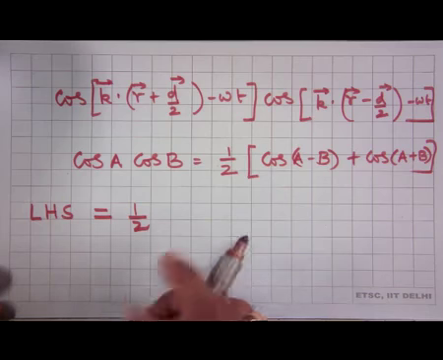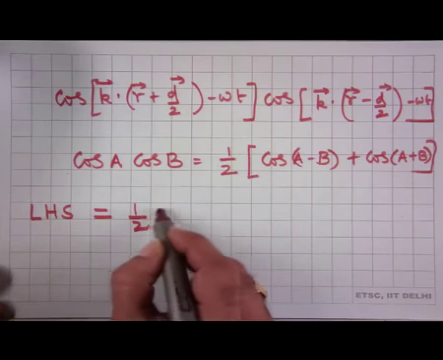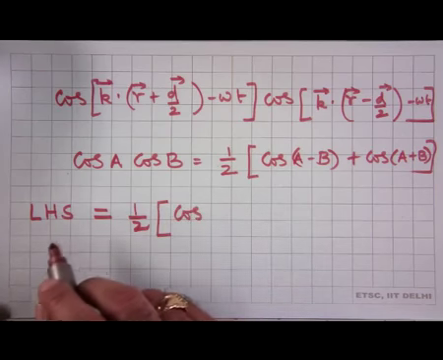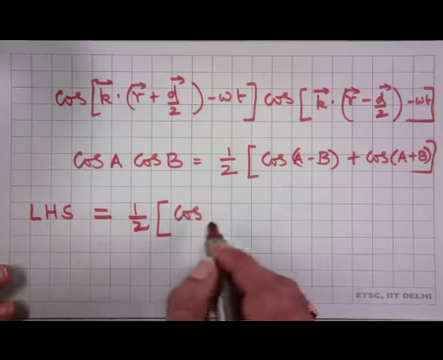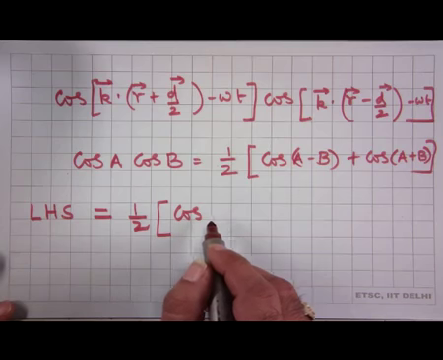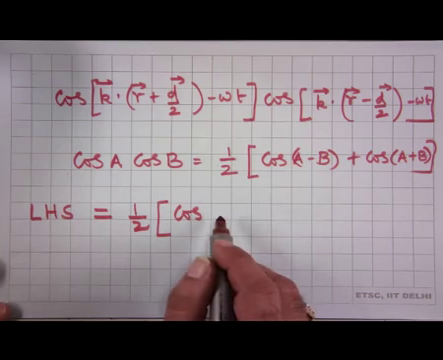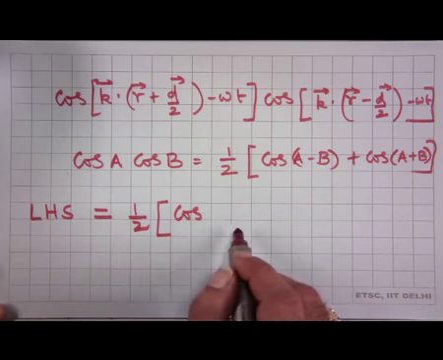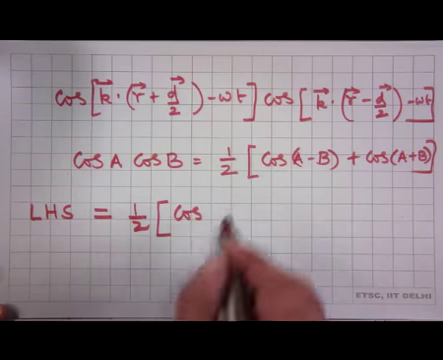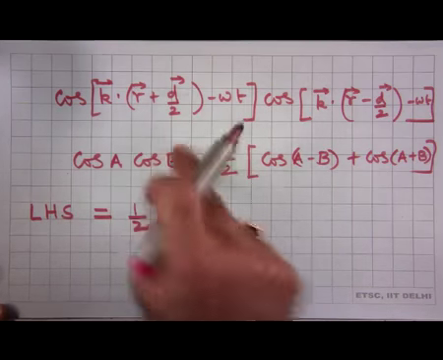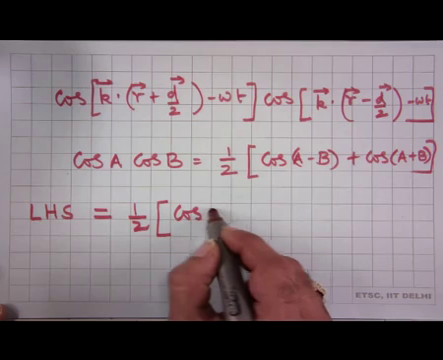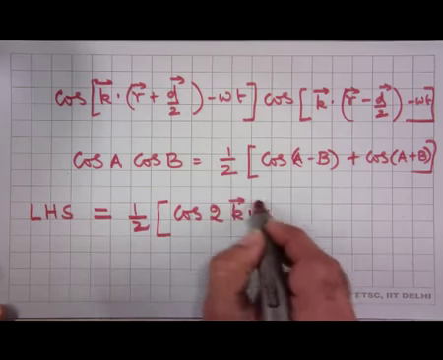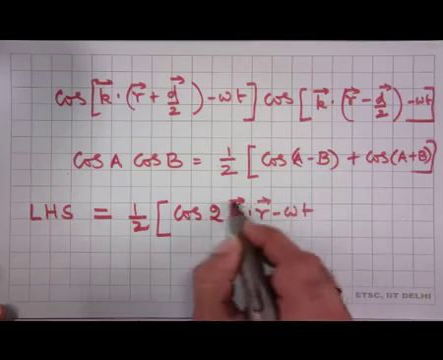So if I first add the arguments, what am I going to get? cos A plus B is going to give me k dot r minus omega t with a factor of 2. The k dot d by 2 will cancel with minus k dot d by 2. So cos of 2 k dot r minus omega t. That is what I am going to get.